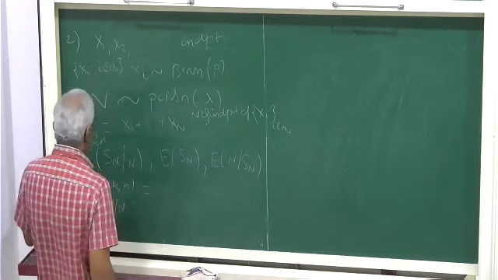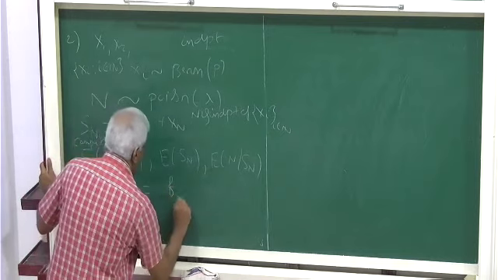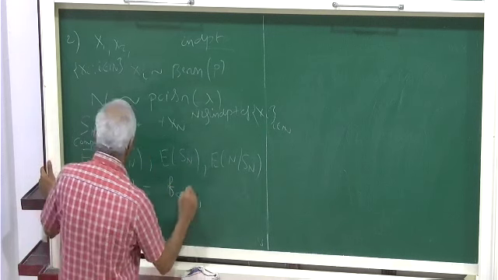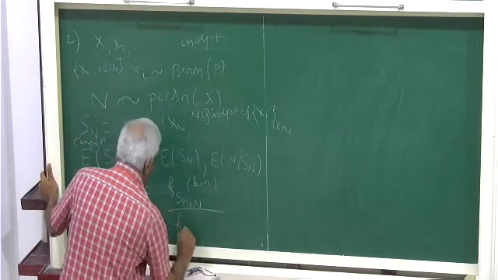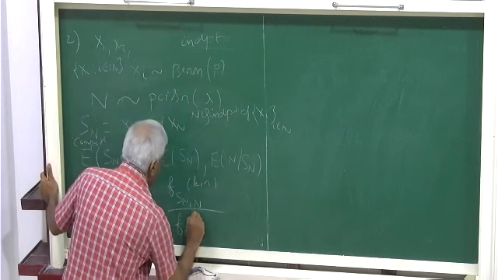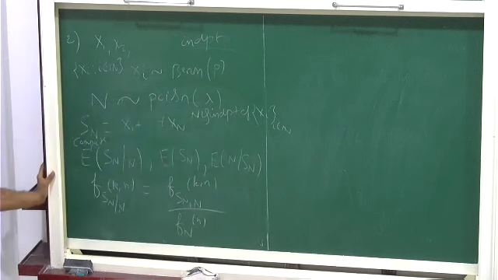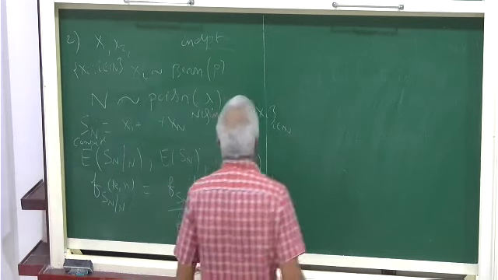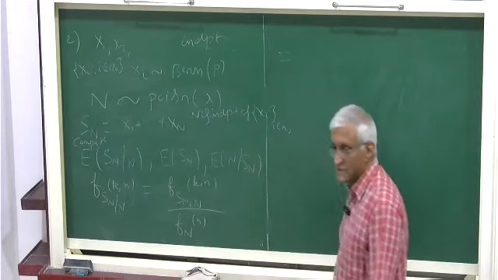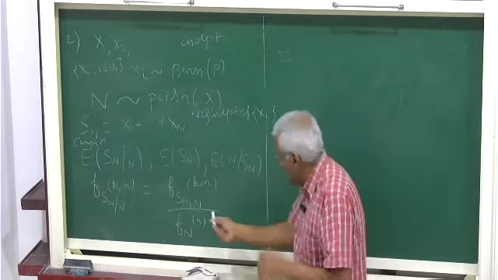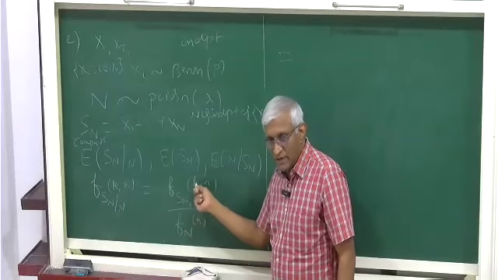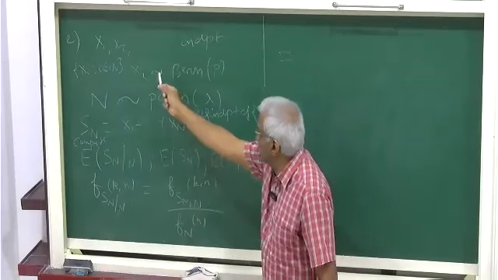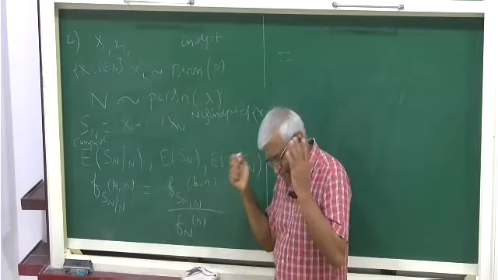Now this is equal to the joint density of Sn and n at k, n, divided by f of n at n. The usual same formula which we have used a few times. Now it is given n equal to n, Sn equal to k. What is Sn equal to k? So x1 up to xn are Bernoulli.